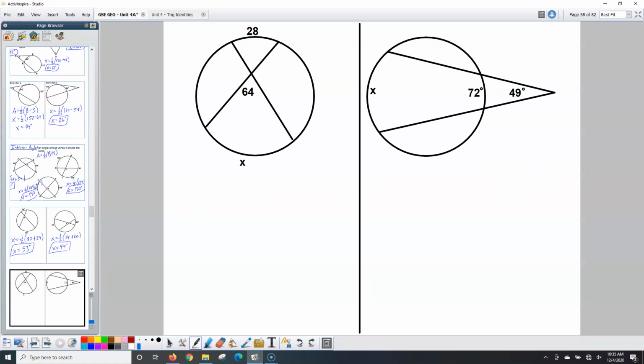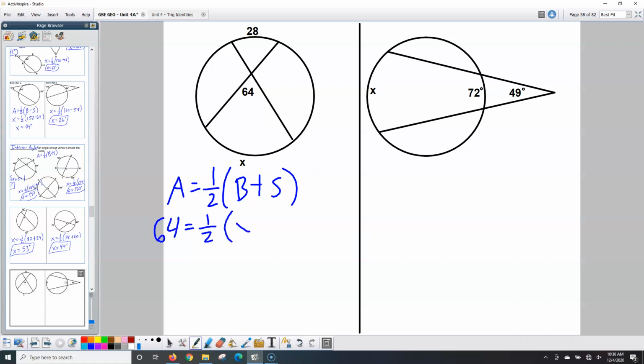They have something else missing other than just that angle. So I'm going to write my formula out right here. I've got the angle equals 1/2 big arc plus small arc on this one. And I'm just going to fill in what I've got. So I've got 64 right here equals 1/2 big arc is X plus the small arc is 28. Now, a couple different ways to go about this.